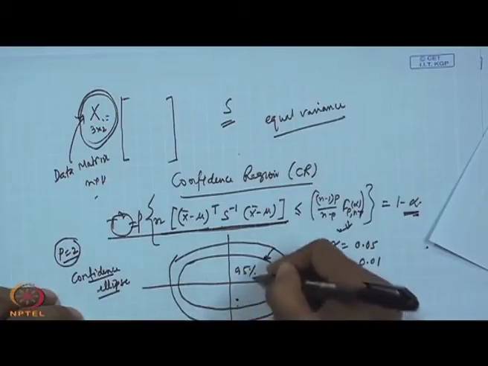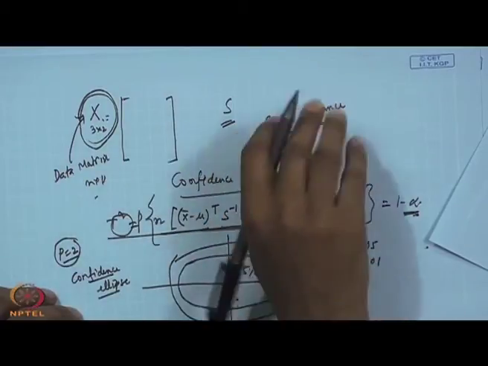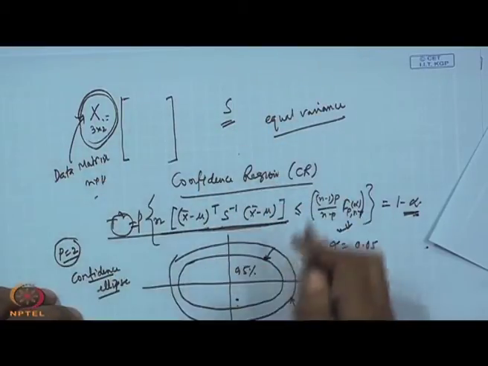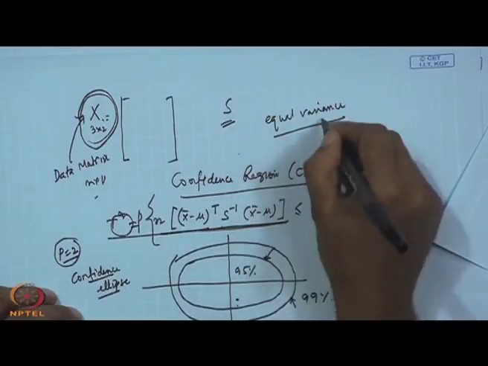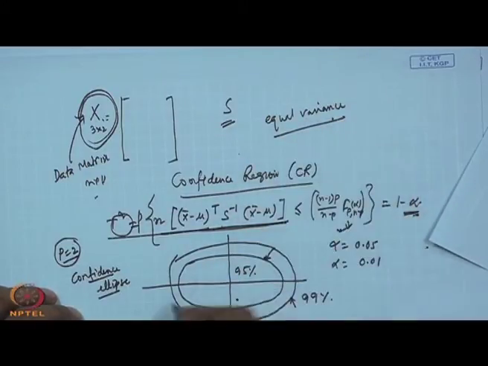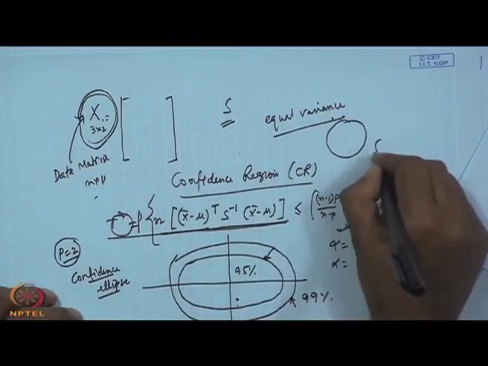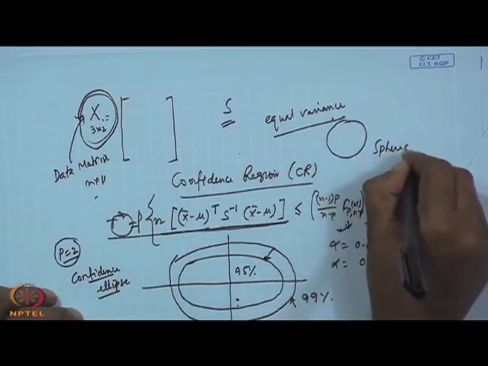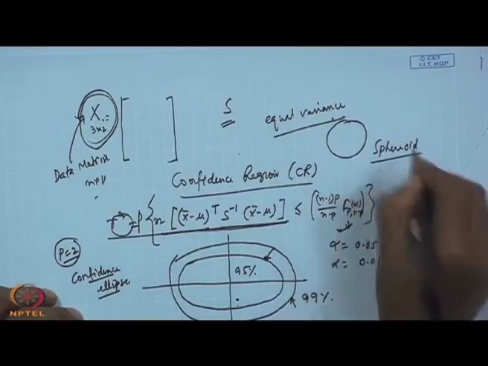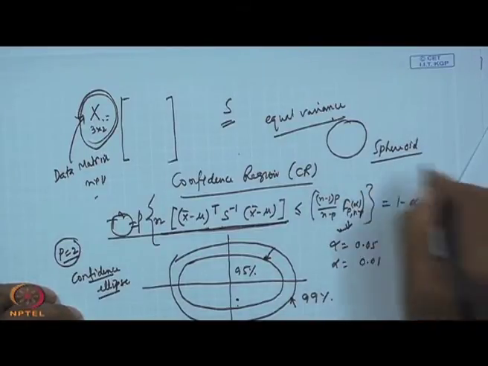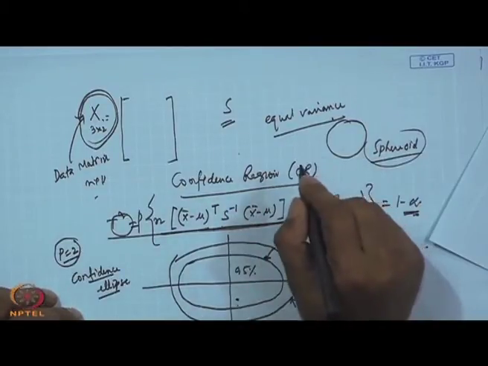It will be a circle, and for p dimensional case it will be a sphere. If all the variables have equal variance, ultimately you get a circle in 2 dimensions and a sphere, or spheroid, in higher dimensional cases.